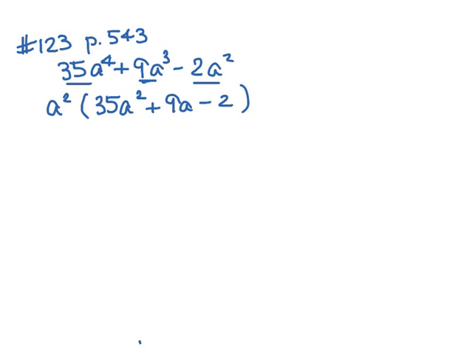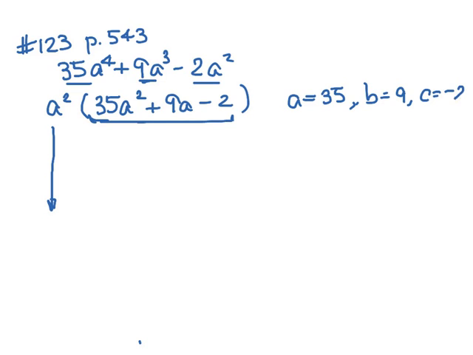So we're going to work with just this part of it, and we're going to remember to bring down our a squared term at the end as a factor. So over here our a, not to be confused with our variable a, is 35. Our b is 9. And our c is negative 2.